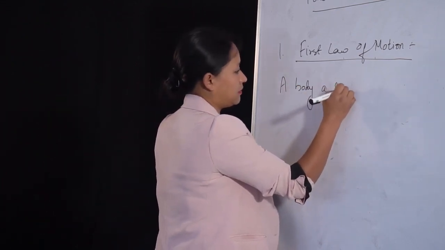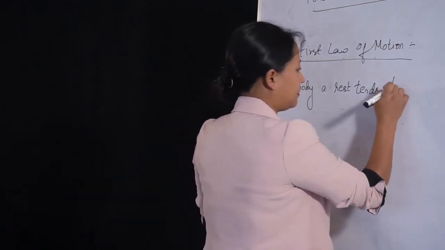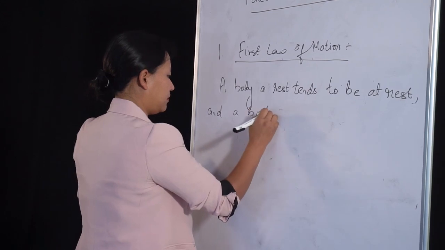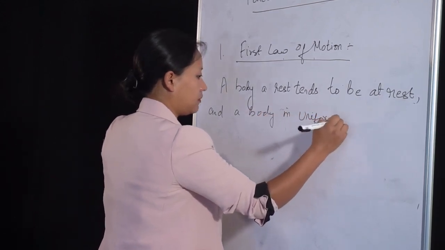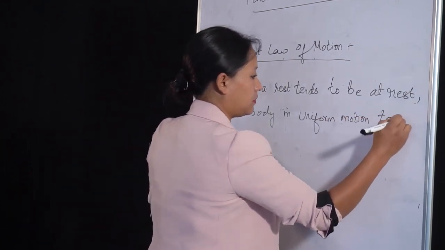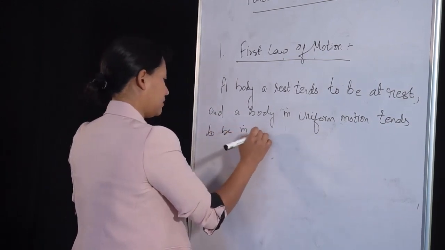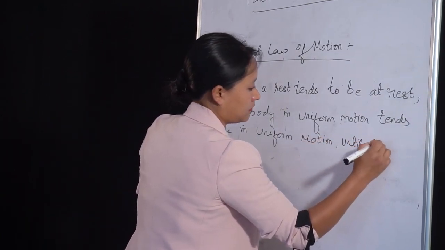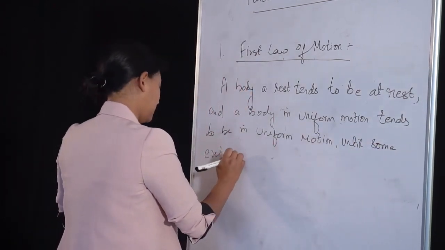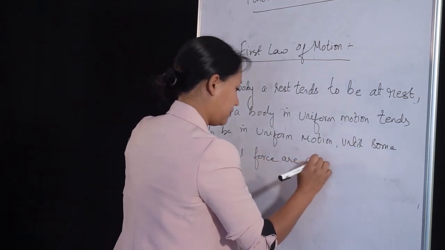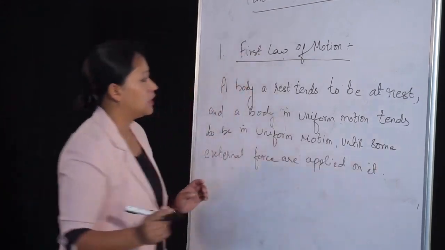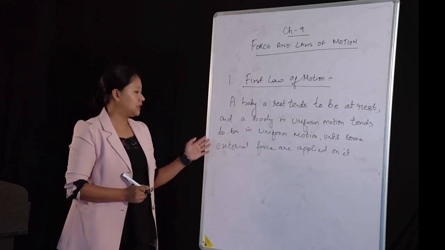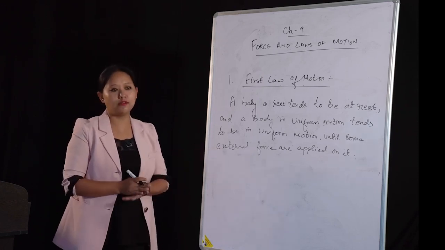Newton's first law of motion states that a body at rest tends to be at rest, and a body in uniform motion tends to be in uniform motion until and unless some external force is applied on it.